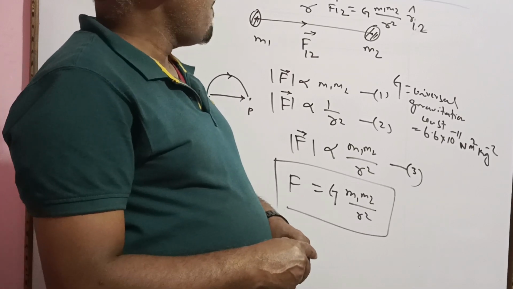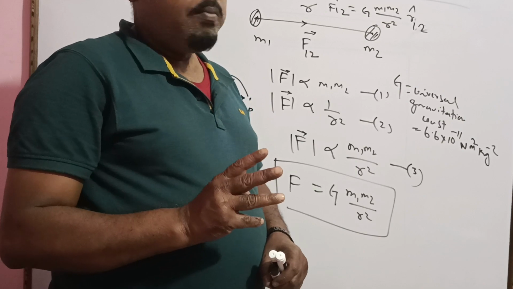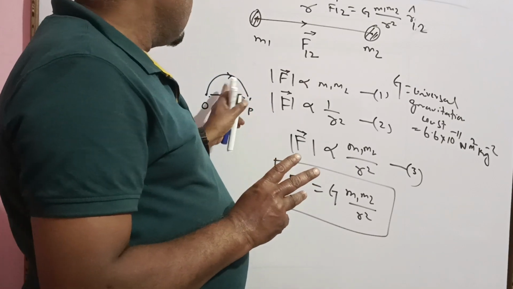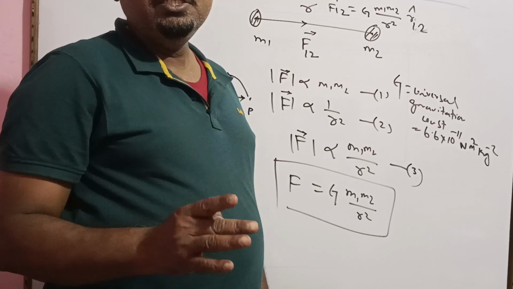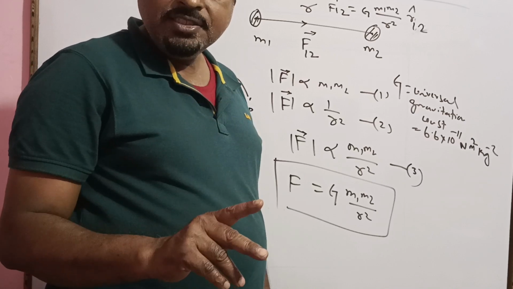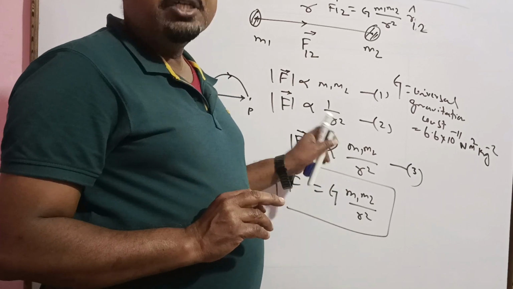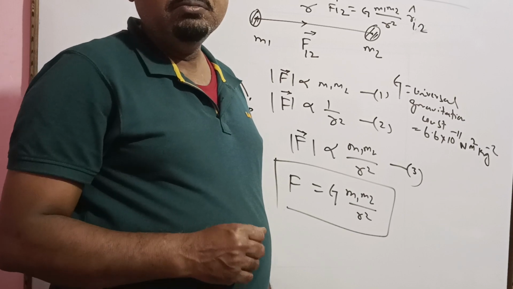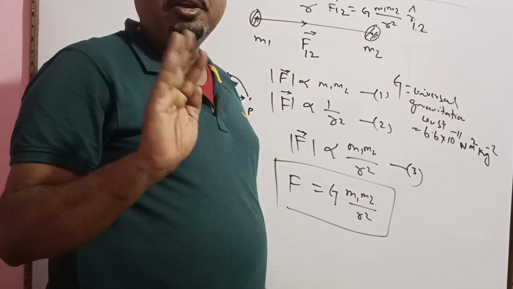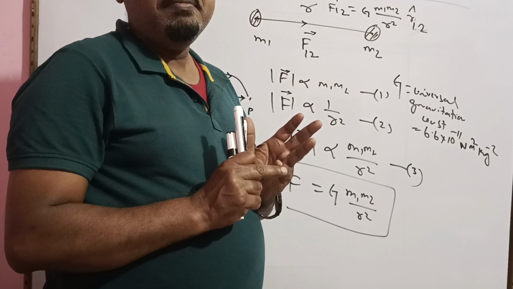Number 4, it obeys the inverse square law, because the force is inversely proportional to the square of the distance. Fifth one, long range force.